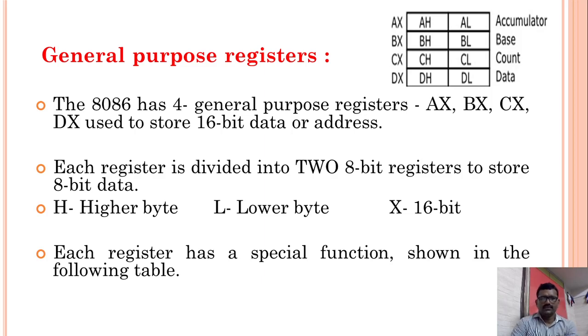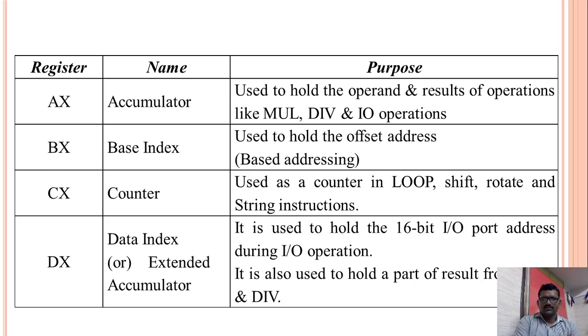These AX, BX, CX, DX general purpose registers are used in arithmetic and logical operations, and each and every register has special functions. AX accumulator is used to hold the operand and results of operations like mul, div, IO operations. BX is used to hold address in some addressing modes.